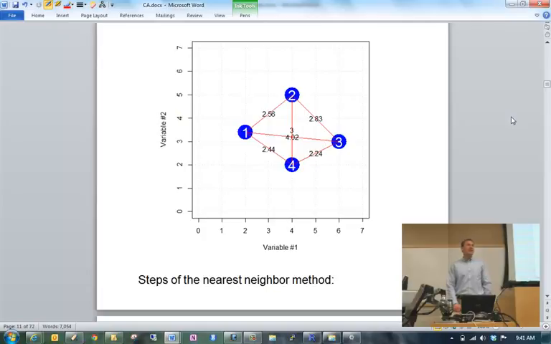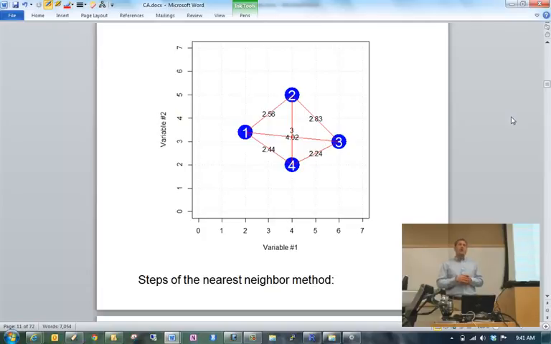And what I've simply done is actually drawn in all the Euclidean distances. Again, typically you use standardized Euclidean distance, but since I'm just demonstrating what this method does, I decided to simply use regular old Euclidean distance. So for example, the distance between observation 1 and 4 is 2.44.